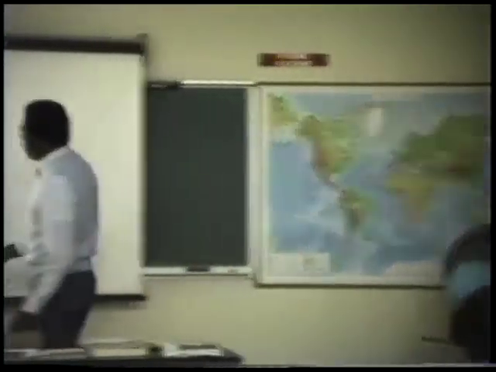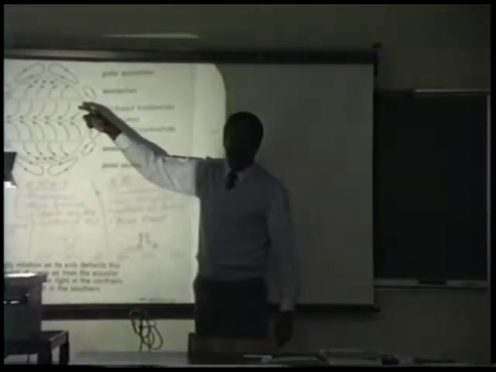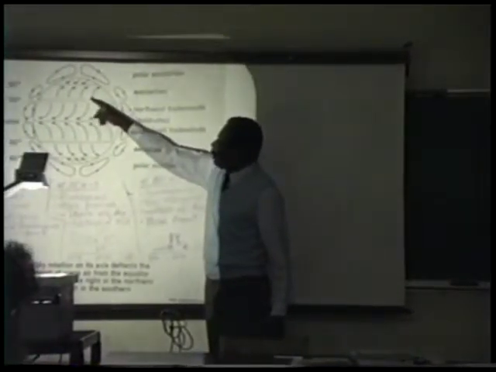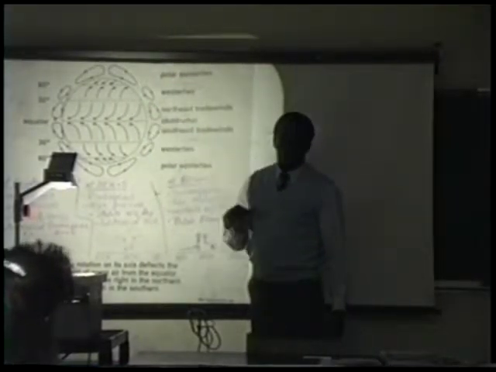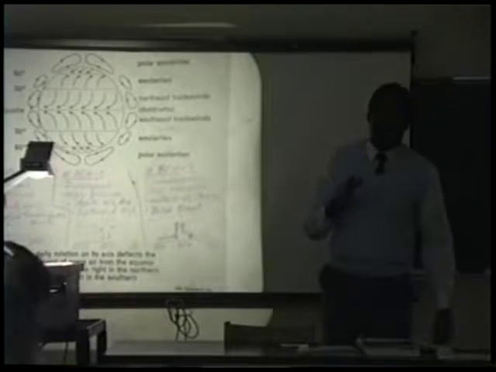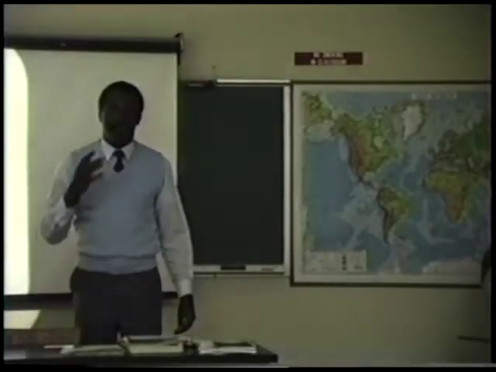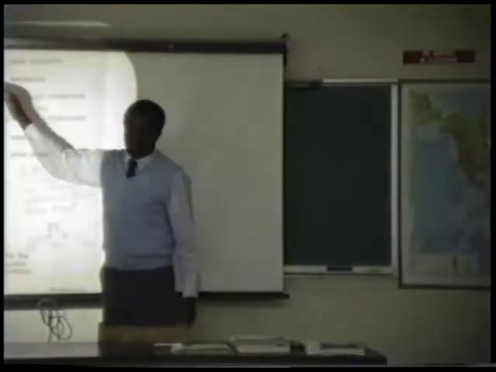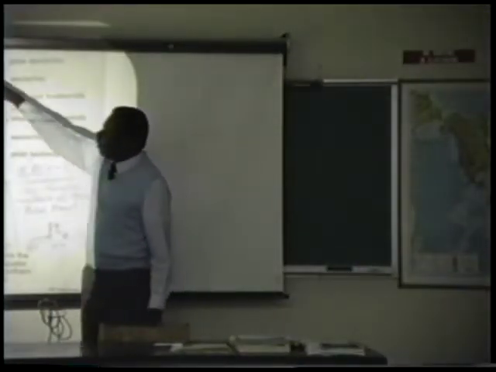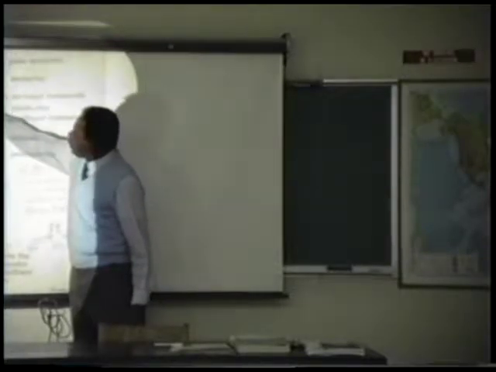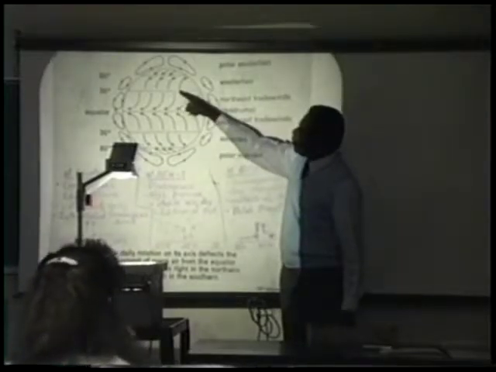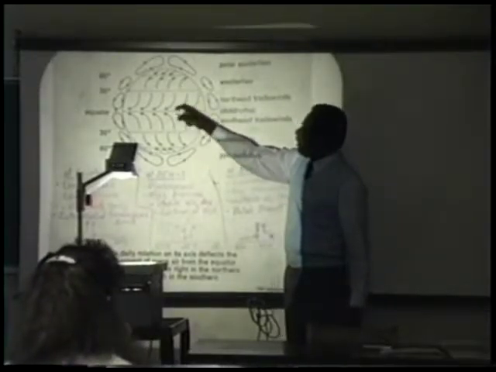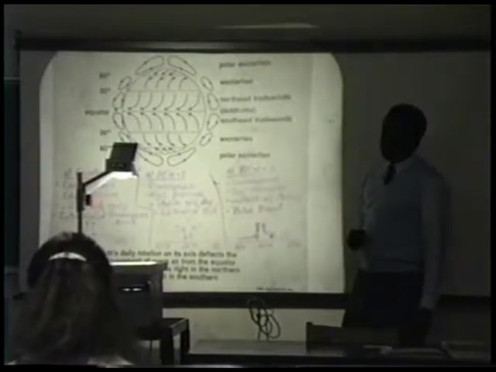So if air has a normal tendency, being affected by the gradient force, to move directly from high pressure at 30 degrees north to low pressure at the equator, then because of the Coriolis force, which is a force caused by the Earth's rotation, which makes winds be deflected to the right in the northern hemisphere, air will tend to be deflected southwestward as air moves from 30 degrees north toward the equator. And as a result, you have the northeast trade winds created.